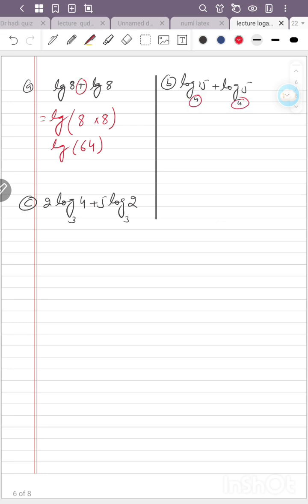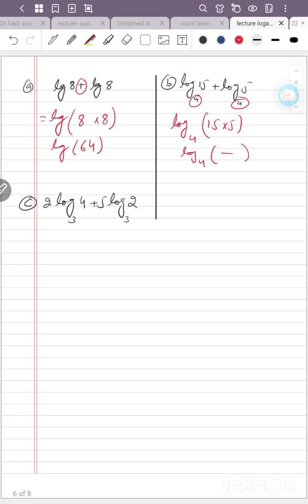How do we solve this? Again, log of 4. The property says that if they are added, they will be multiplied, so 15 multiplied by 5, and you get this answer.